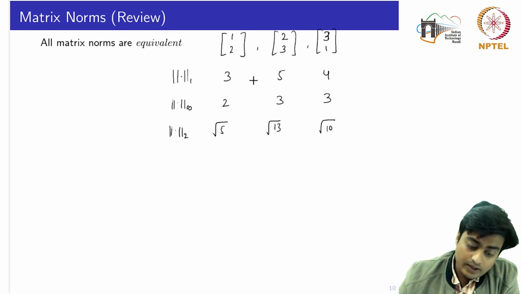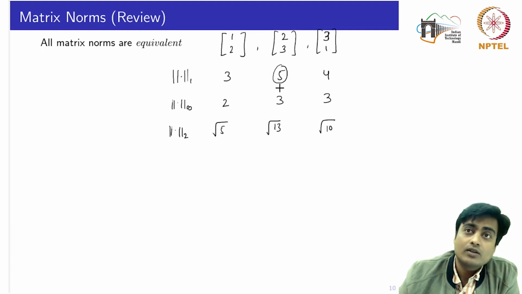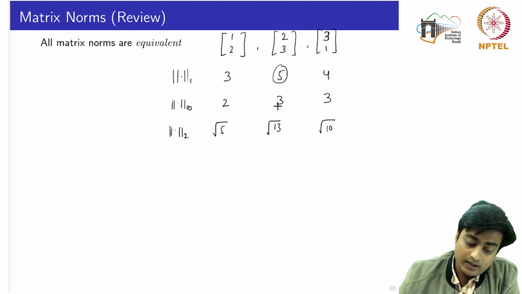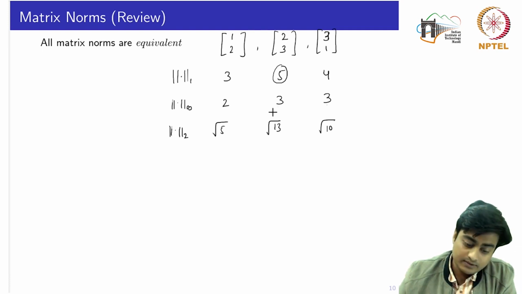So if you compare all the values of the norms, you would see that the second vector has the largest size, although when you are computing the infinity norm of that vector, its value is equal to the third vector, right? But it cannot go lower than the third vector, right?